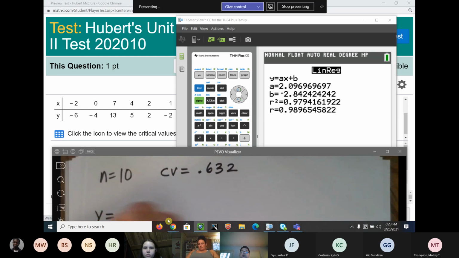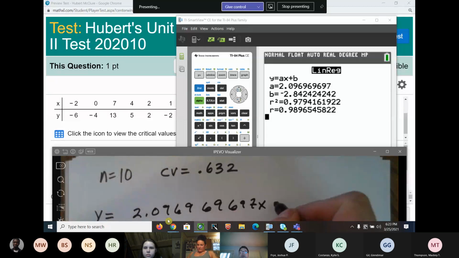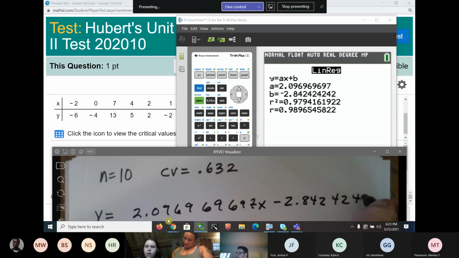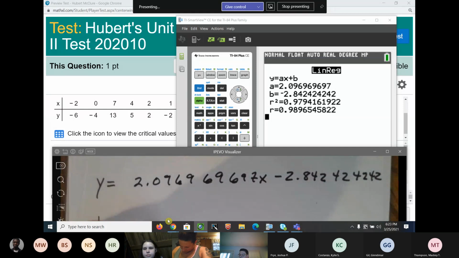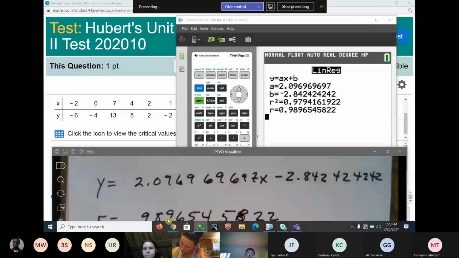Y is equal to 2.69697x minus 2.842424242. Now, don't ask me about rounding. You round whenever you type in your answer. I'm writing down everything, so I'll have it. R is equal to 0.989654582.